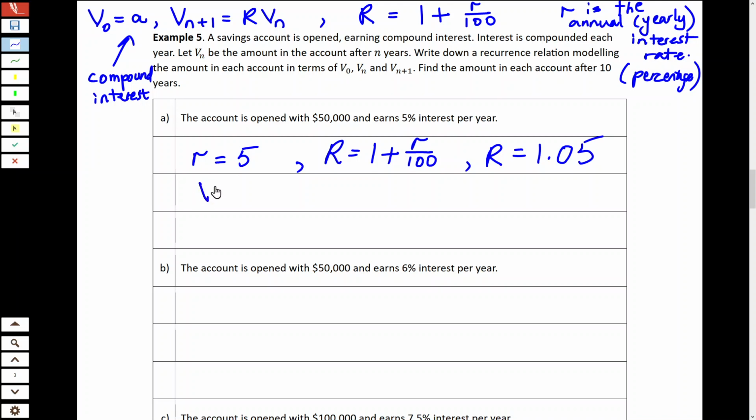So that's going to be V0. If you've been following carefully, then the next equation should be quite straightforward to write down. What comes next? That's it.